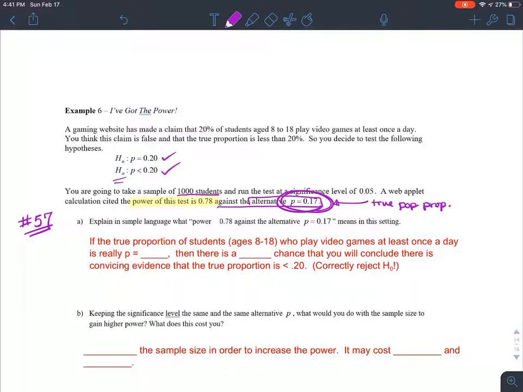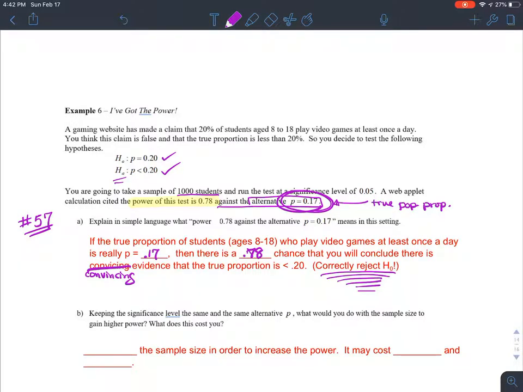Okay, if the true proportion of students ages 8 to 18 who play video games at least once a day is really 0.17, then there is a 0.78 or 78% chance that you will conclude there is, sorry about this typo, this is supposed to be convincing evidence that the true proportion is less than 20%, meaning we correctly rejected the null hypothesis.